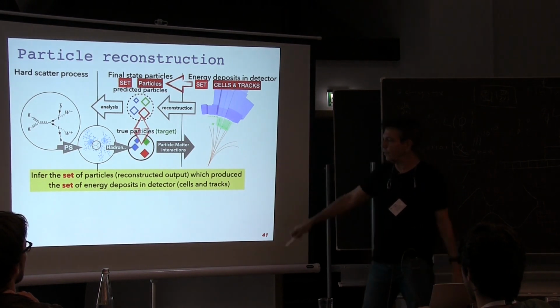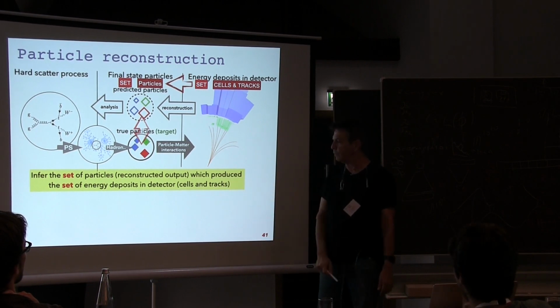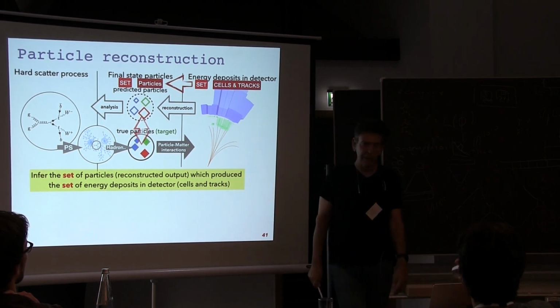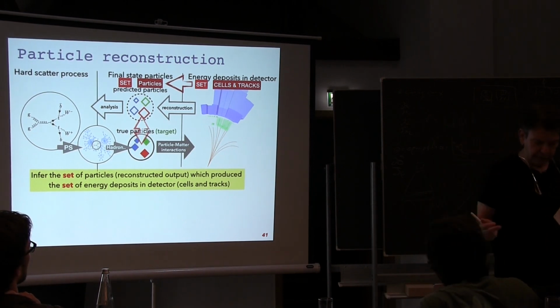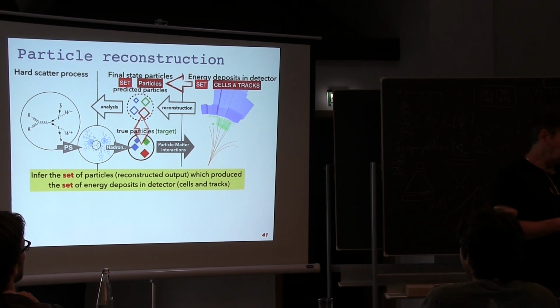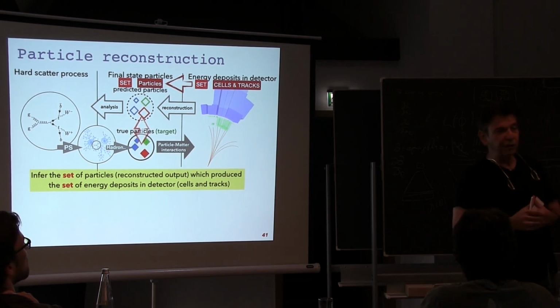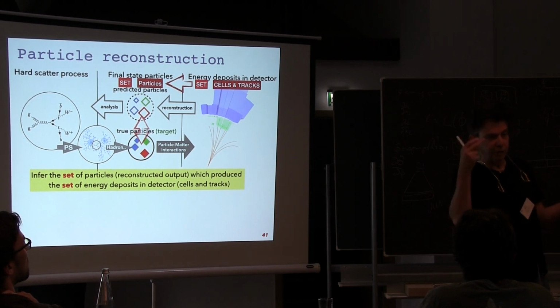In other words, infer the set of particles, the reconstructed output, which produce the set of energy deposits in the detectors: sets of cells and tracks. Is the problem clear? I think that with the background that you have now, you really feel it's a set-to-set problem that there is a chance to solve, because you have tools now.